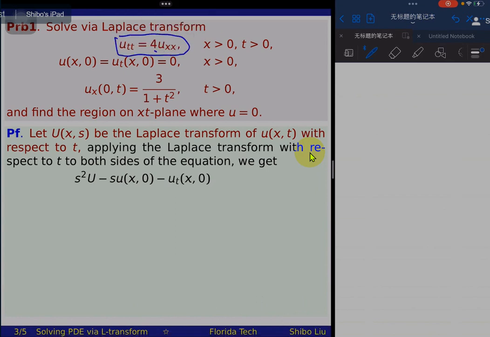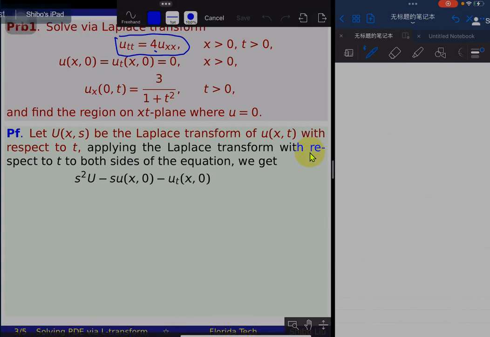Then the left hand side u_tt, after applying the Laplace transform, by the property of Laplace transform, becomes s squared capital U minus s u(x,0) minus u_t(x,0).